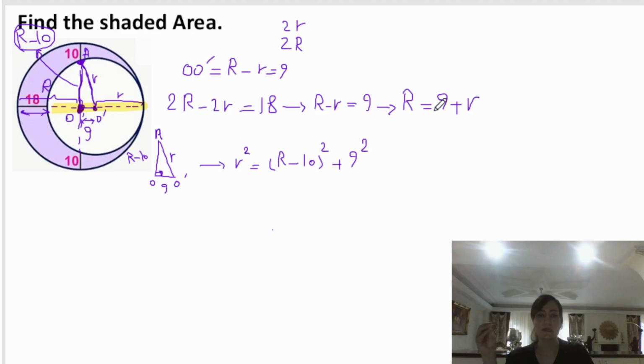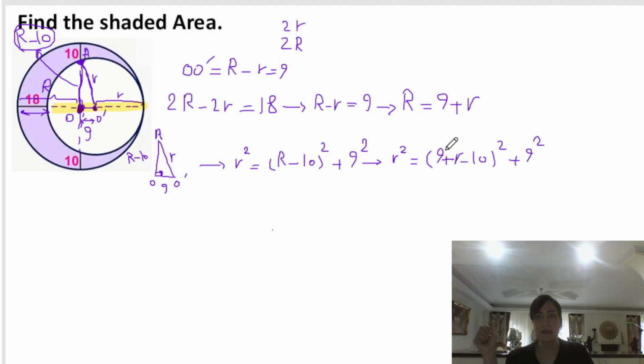So I substitute this expression in this equation instead of capital R. I will write r squared equals 9 plus r, minus 10, to the power of 2, and then plus 9 squared.